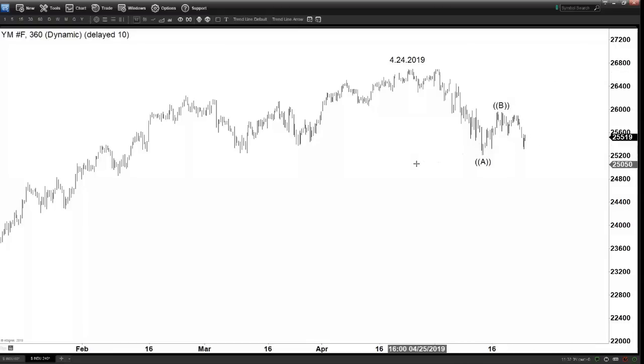However, if you look at the sectors within the US indices, they all already broke down. The broader index is still holding up, because a lot of people nowadays just buy and sell on the indices itself. They don't buy and sell on the stocks.